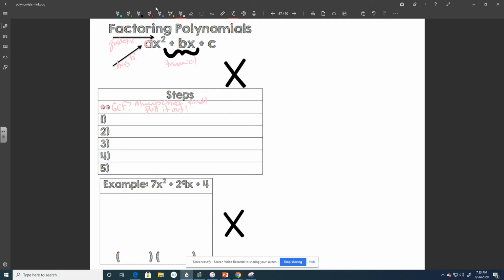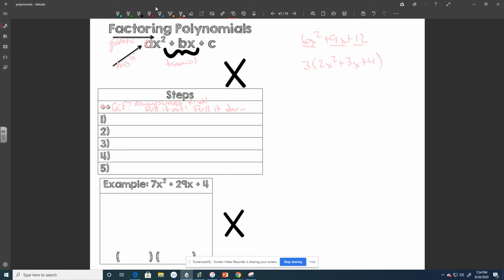And when you do pull it out, you're going to just pull it to the bottom, and you're going to completely ignore it until the very end. So for example, if I had 6x squared plus 9x plus 12, there is a greatest common factor in 6, 9, and 12. It's 3. So I'm going to pull it out and end up with 2x squared plus 3x plus 4.